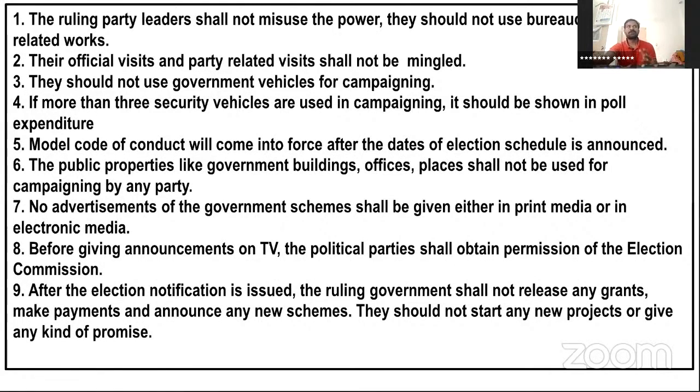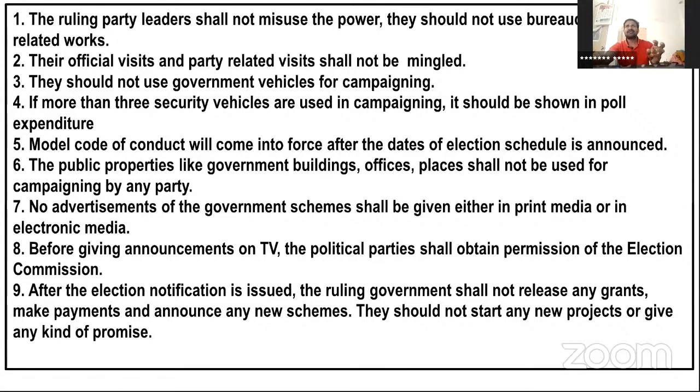Eighth one, before giving announcements on TV, the political parties shall obtain permission of the Election Commission. If the government wants to give advertisements on television, it should take prior permission from the Election Commission.